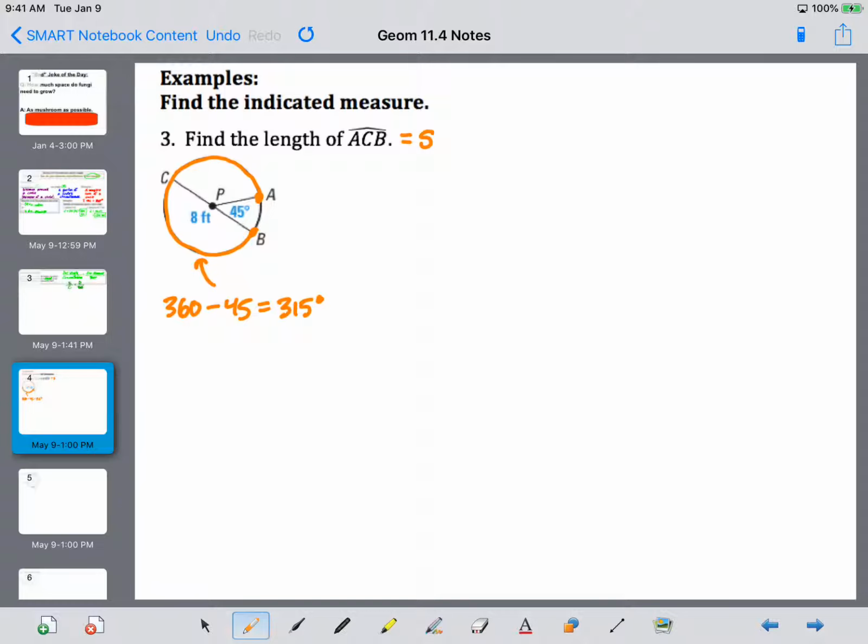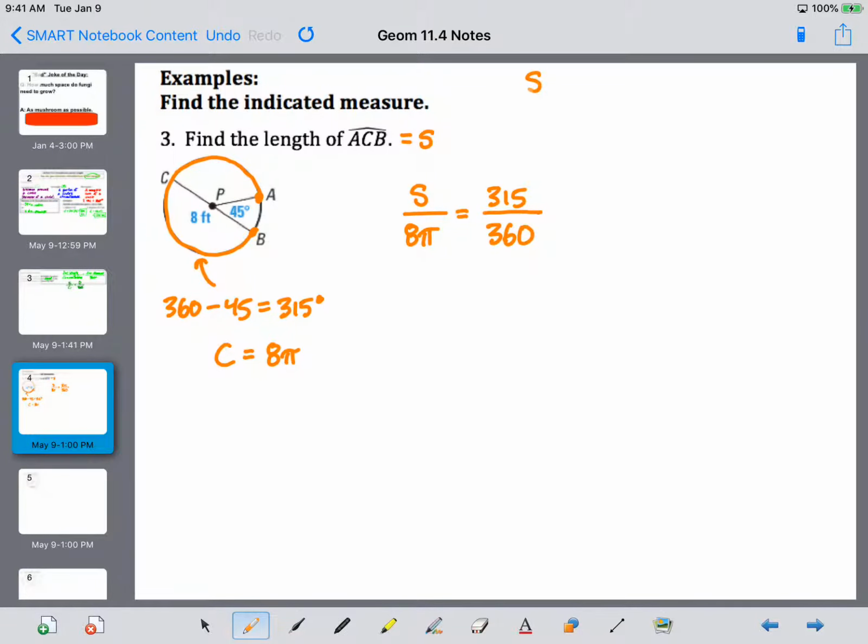And then the circumference, we have a diameter of 8, so the circumference is going to be pi times 8, or 8 pi. All right, so now we've got our formula. We are calculating S, so we're going to do S over our circumference, 8 pi, equals our arc measure of 315 degrees over 360.